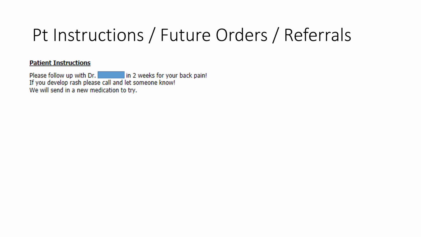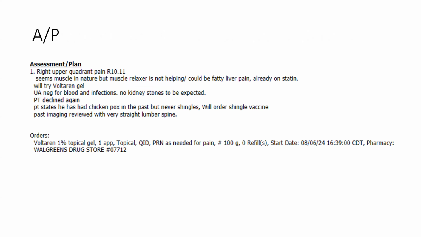So you got patient instructions and orders from referrals. For your back pain or pain, it's pain with an exclamation point. There's two explanations, I'm not sure, is this the back pain one? Follow up for your back pain, but that wasn't a diagnosis.